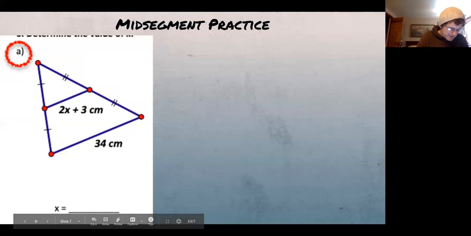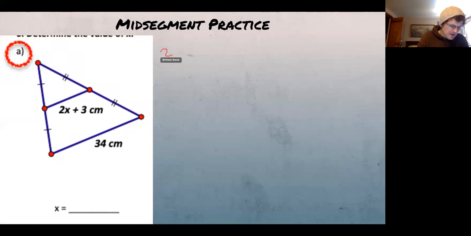So I've got my general formula here that says 2 times the mid-segment is equal to the parallel side.